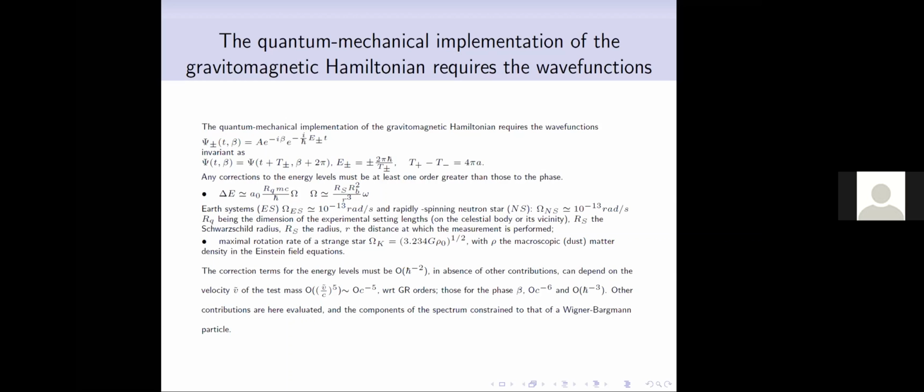The correction due to this effect can be calculated as order of c to the power -5.